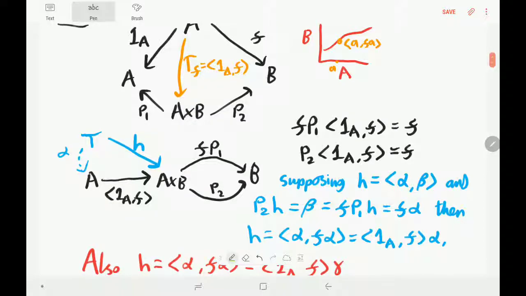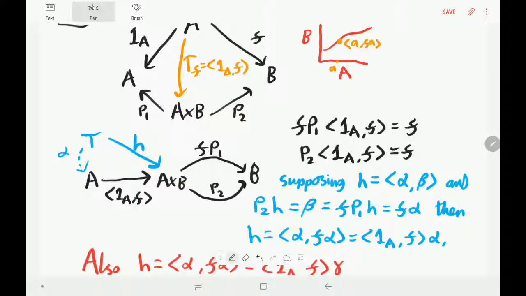Now let's suppose that h also equalizes f p1 and p2. Well, we can write h as alpha comma beta, because it's an arrow from T to A times B. And then this equalization condition means that we have to have that p2 of h, which is beta, has to equal f p1 of h, which is f of alpha.